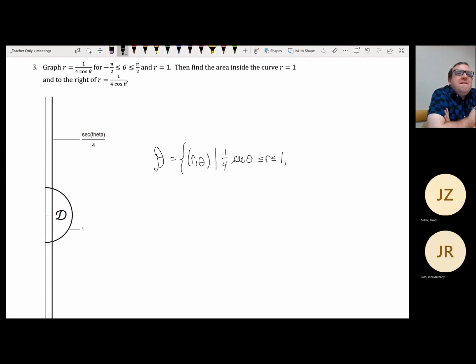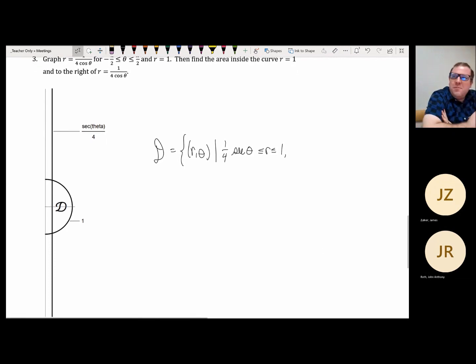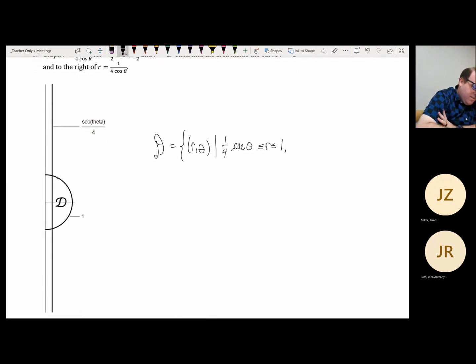Now for theta. What are the bounds for theta? It's not that simple. Negative pi over 2 to pi over 2 would be the entire thing, which we're not doing, right?